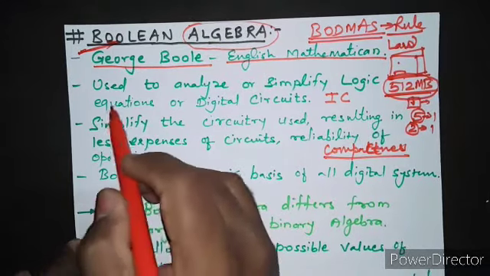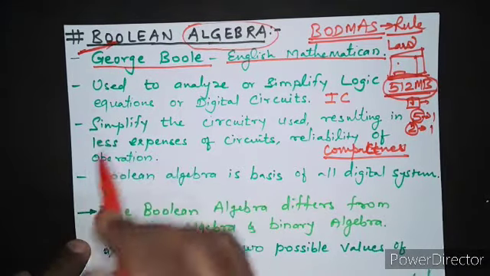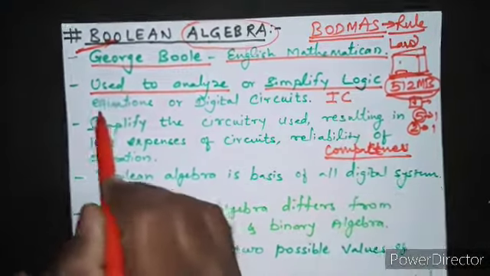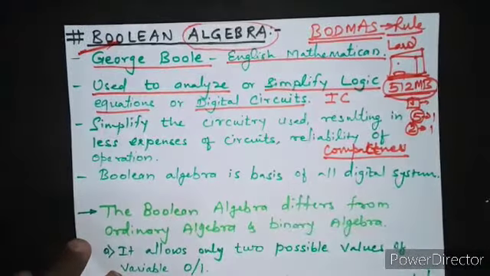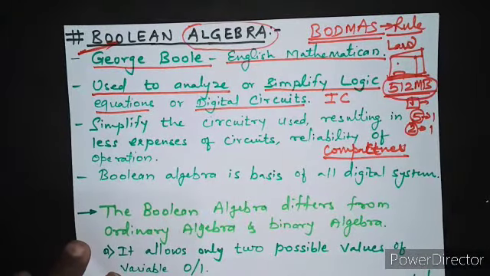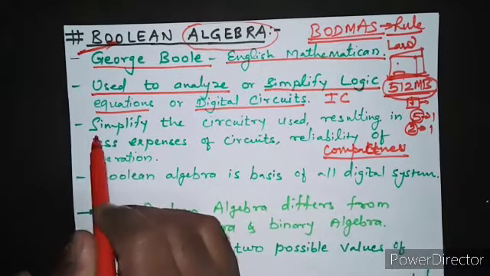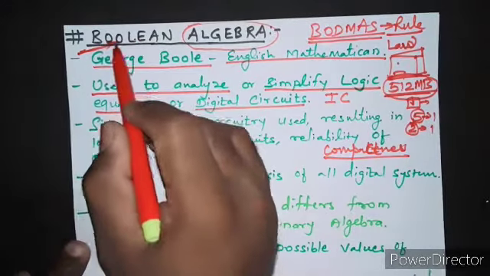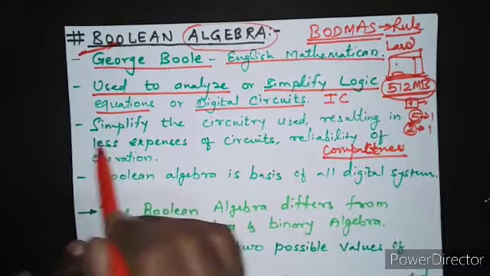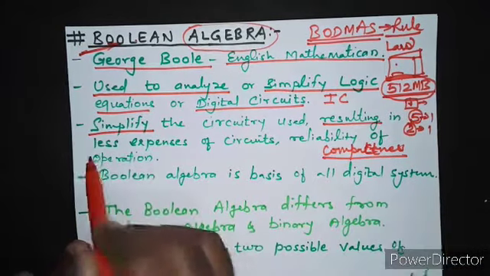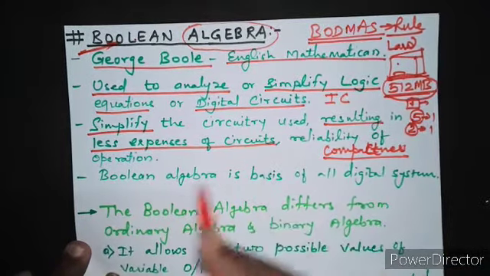Okay, so I'll just go through this point. It is used to analyze or simplify logic equations or digital circuits, right? Simplify the circuits used. Whatever circuits we are using, with the help of Boolean algebra we are going to simplify them, resulting in lower expenses for the circuit.